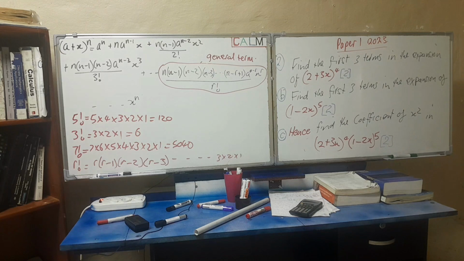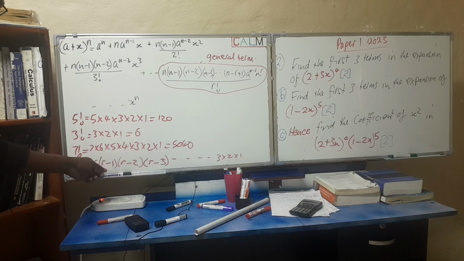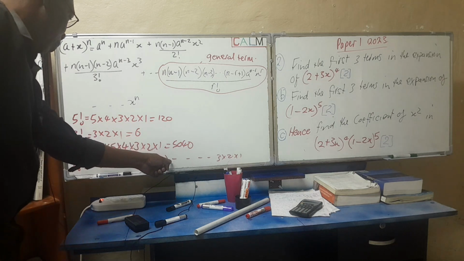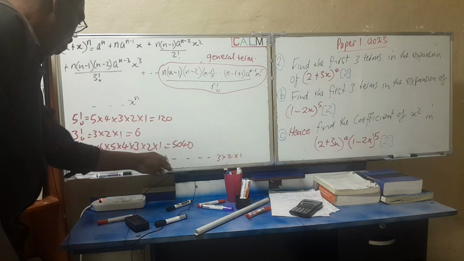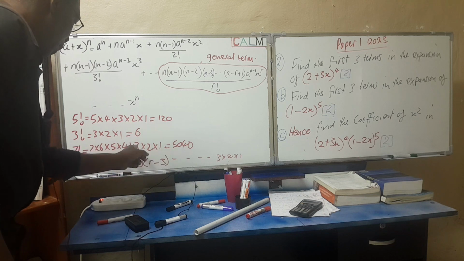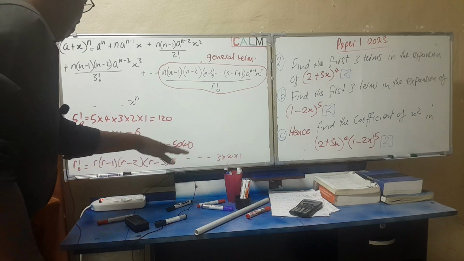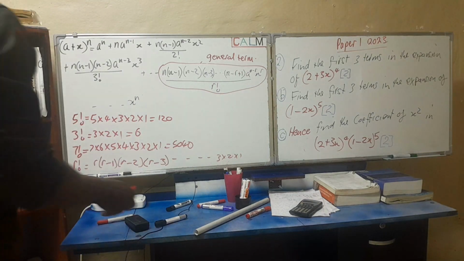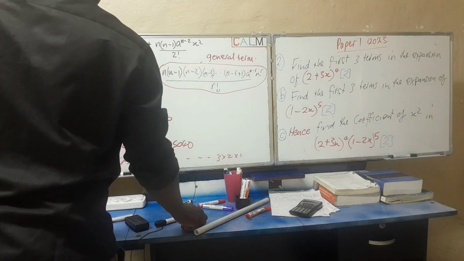For example, where r was actually 7, there is your 7. 6 would be 7 minus 1. Your 5 would be 7 minus 2. Your 4 would be 7 minus 3. Your 3 would be r minus 4, which gives you 7 minus 4, until you get to 3 times 2 times 1. So that's factorial notation.